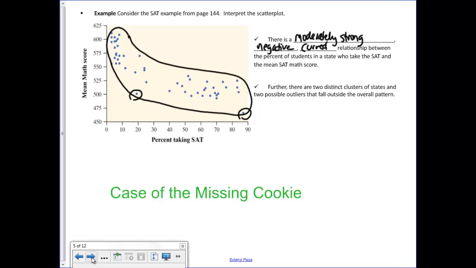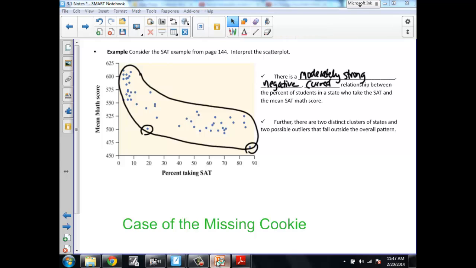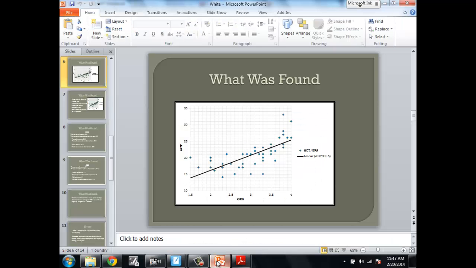Check this out. This was one student's final project. They went through, they surveyed 60 students, they found students' GPA, and they also found ACT scores for students from Northwest, Springport, and I believe they said Napoleon was the third school.